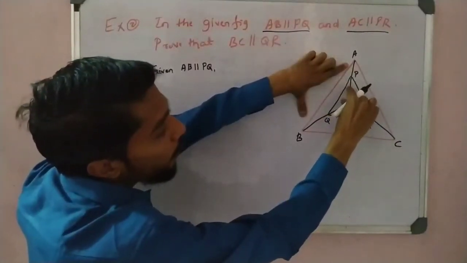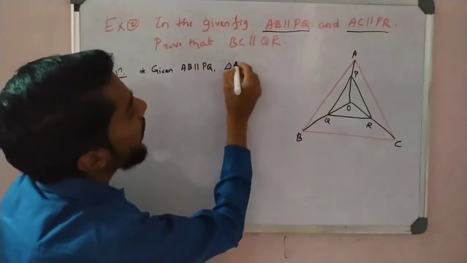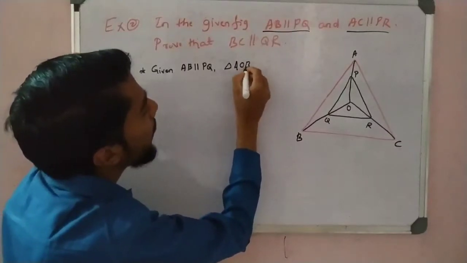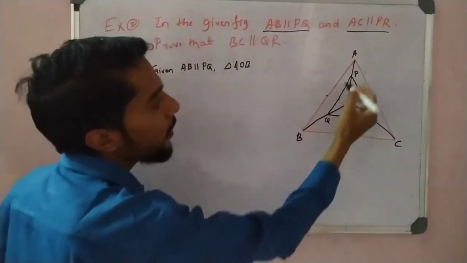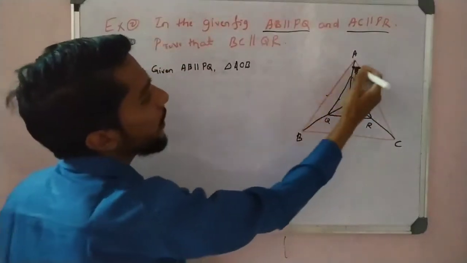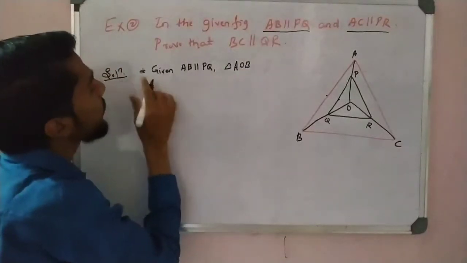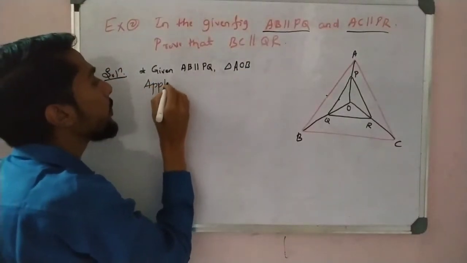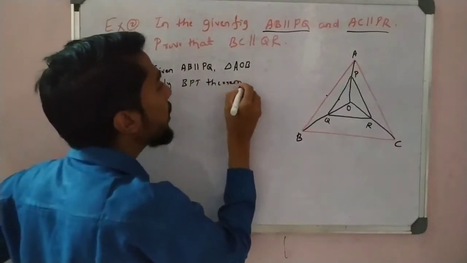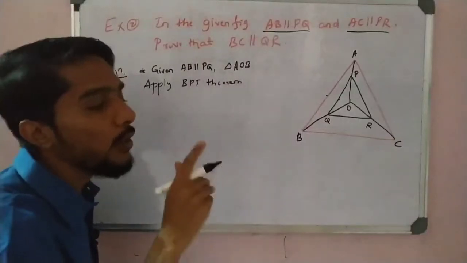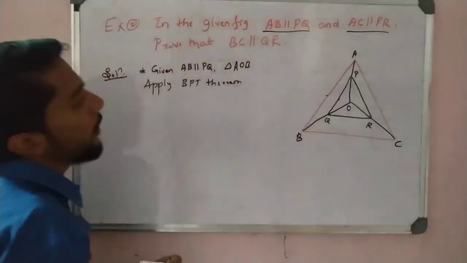AB is parallel to PQ, so the triangle is AOB, since AB is the base of triangle AOB. So apply the BPT theorem. I think you get the idea, so please pause my video and solve it yourself first, then come back and see the solution. So let us see.